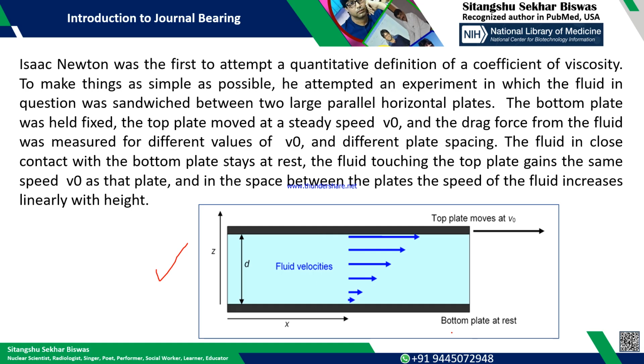The bottom plate is at rest, and the top plate is moving with some velocity, say v, and he was trying to measure the liquid velocity in the different layers in this direction.